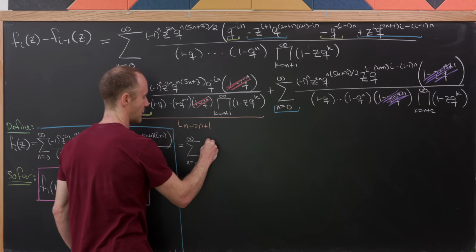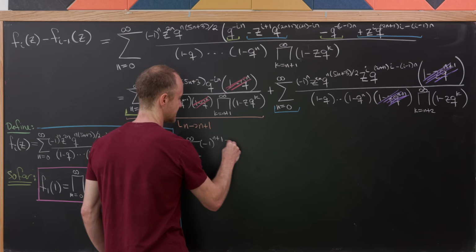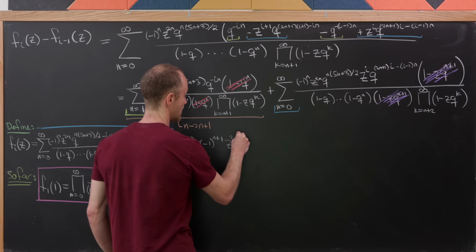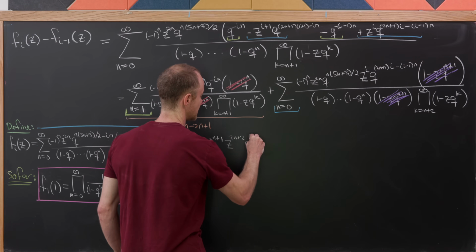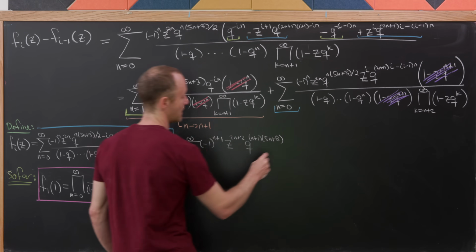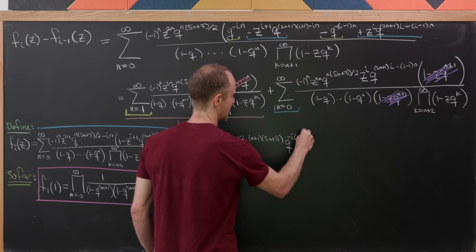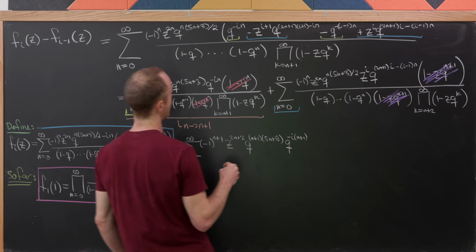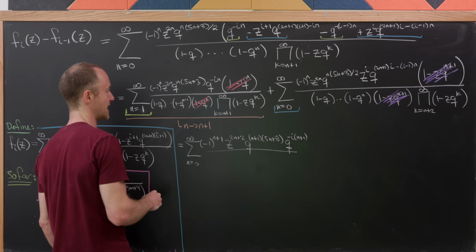We have a minus 1 to the n plus 1 now. We have a z to the 2n plus 2. And then we have a q to the (n plus 1) times (5n plus 8). And then a q to the minus i times (n plus 1). And then that's the entire numerator now after that simplification.